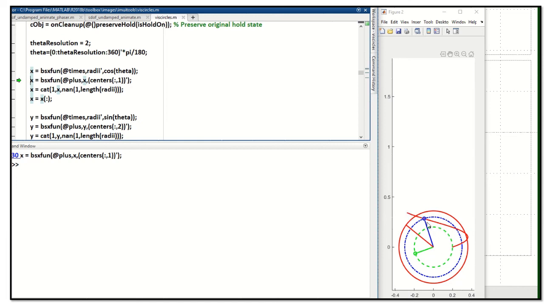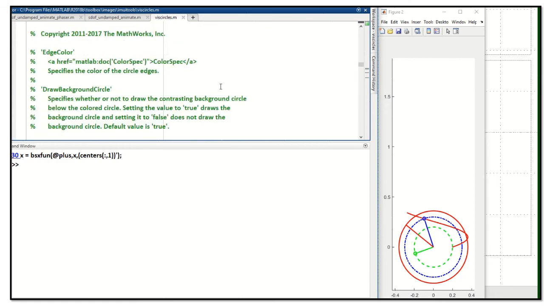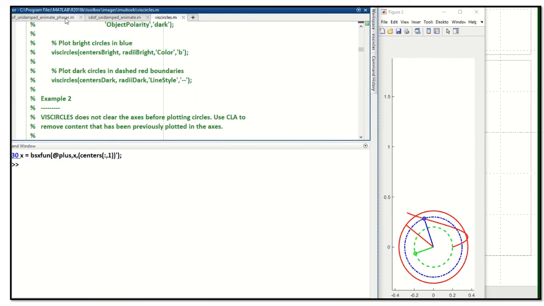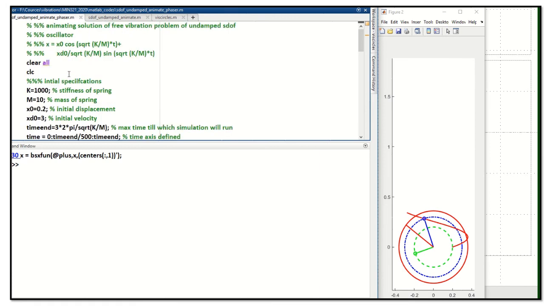This blue line is taking care of this term, and this green line is taking care of this term. If you take a linear combination of these two, then you will get this one.